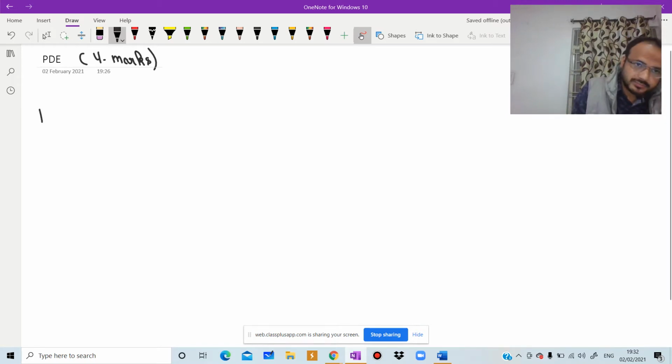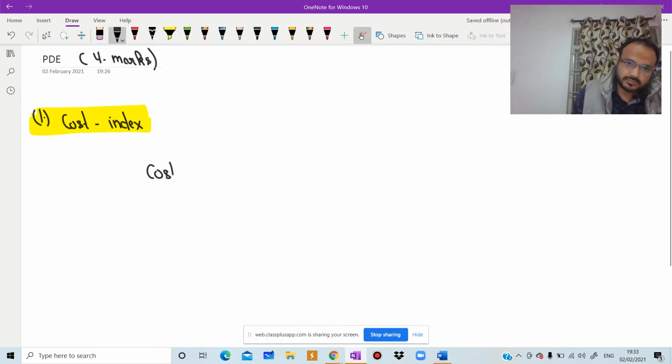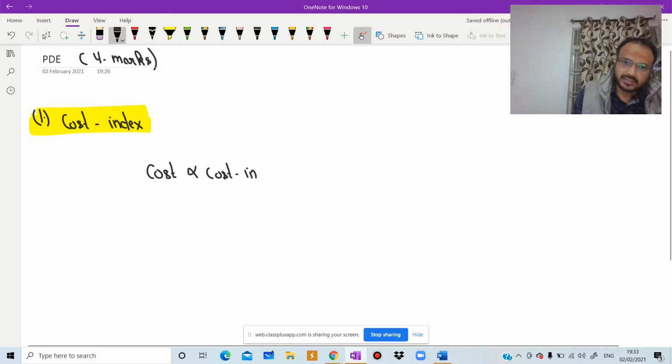Write down first: cost index. So we know that cost is directly proportional to cost index in that year.